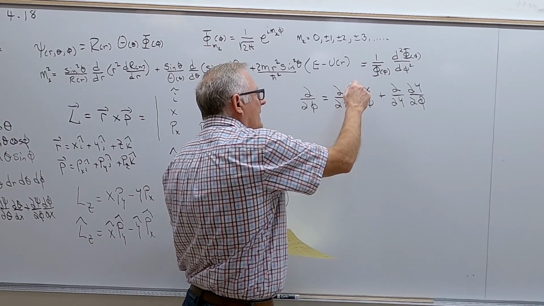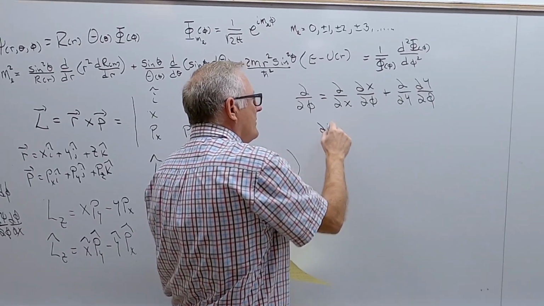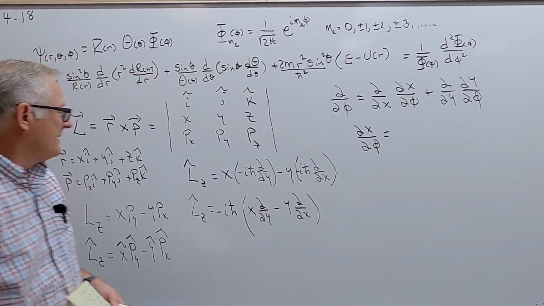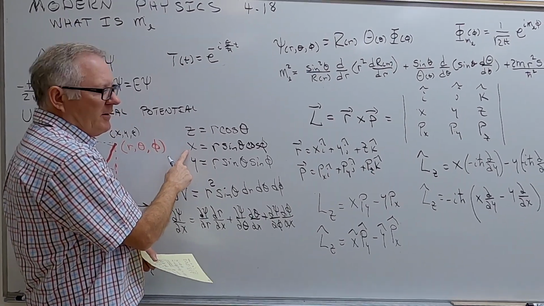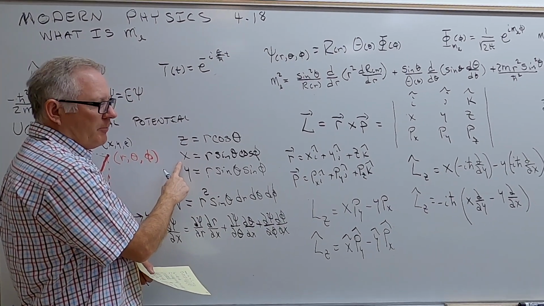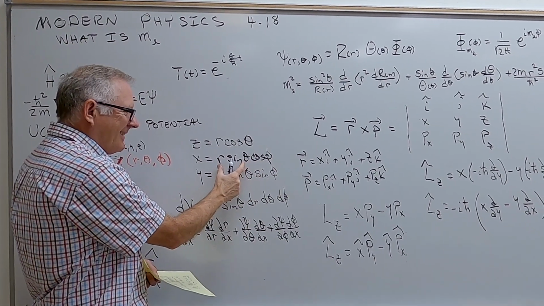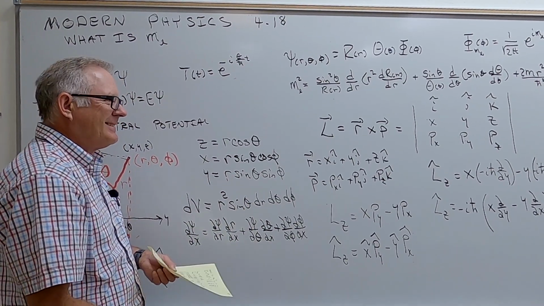Okay, well, let's plug in what the partial of x with respect to phi is. We know what x is as a function of phi. It's right here. If I take the partial derivative with respect to phi, this doesn't do anything to this, and it just takes the derivative of cosine phi, which is minus sine phi.